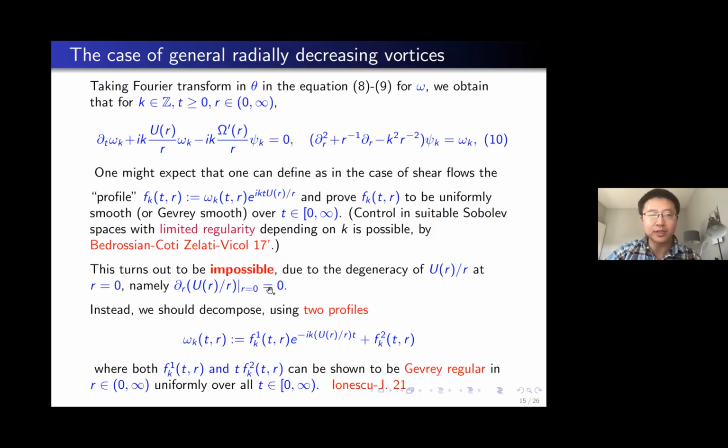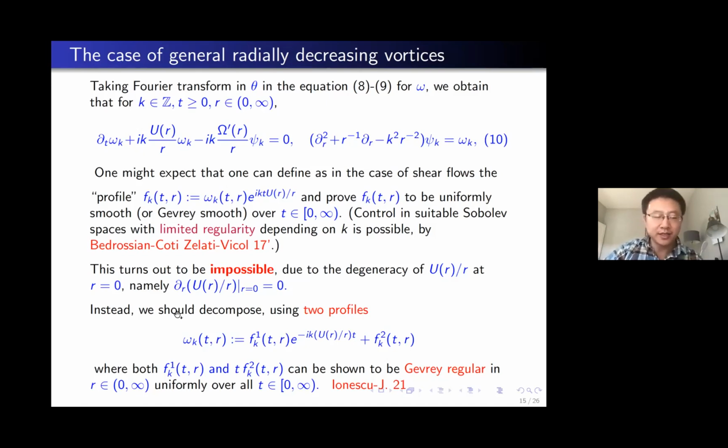So this is a degenerate function. So for U_r over r, the oscillation is not uniform over all r. When r goes to infinity, it's also degenerate, but that situation turned out to be much simpler. So the main issue is when r equals 0, where this is degenerate.